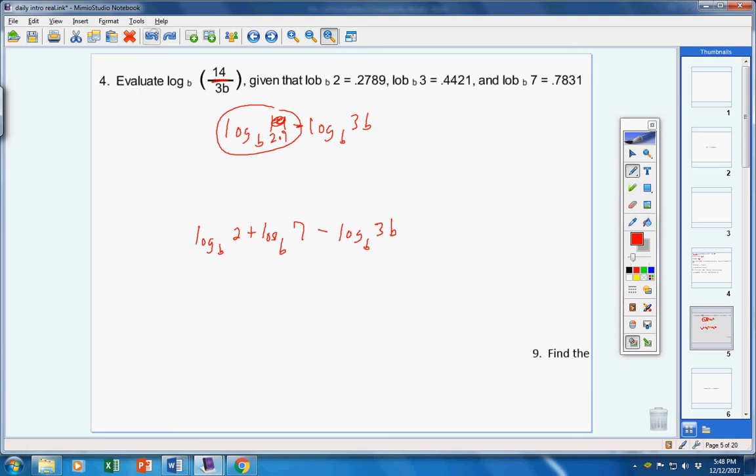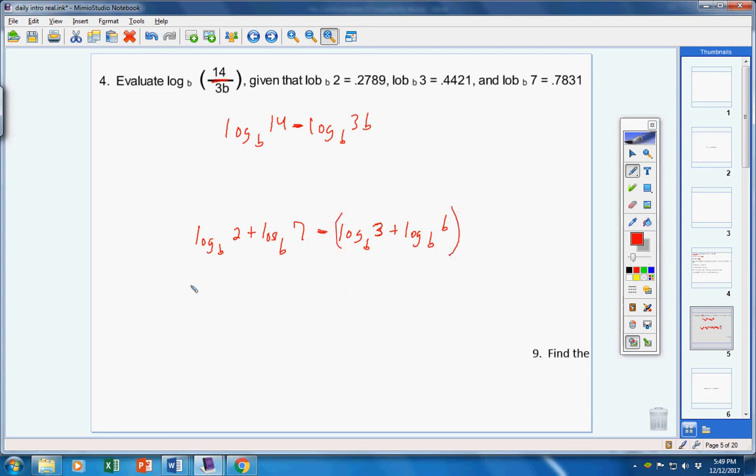Then this here, you took and split up into two logarithms down here, like this, which is good. Okay, but this minus sign goes to this whole logarithm. So if you split this logarithm up into two logarithms, that minus sign goes to both of those.